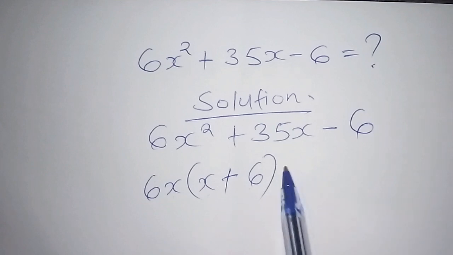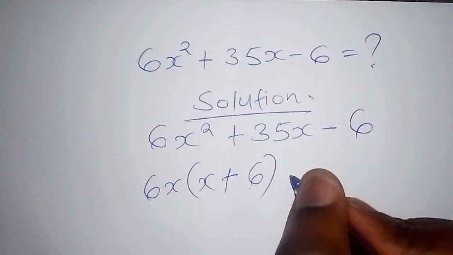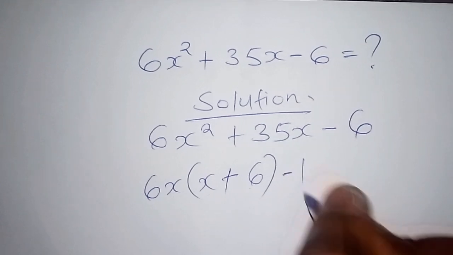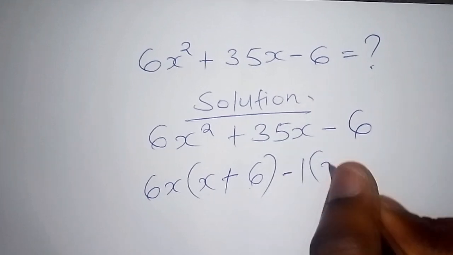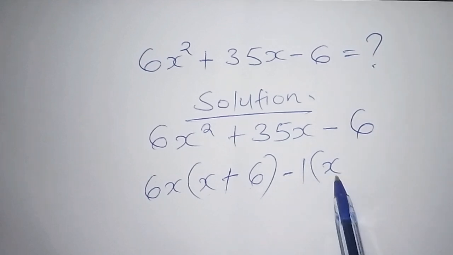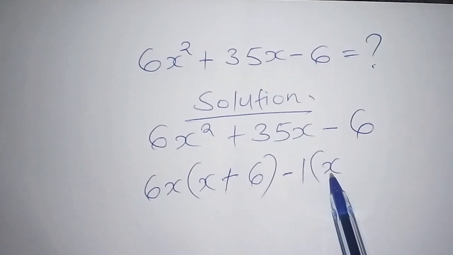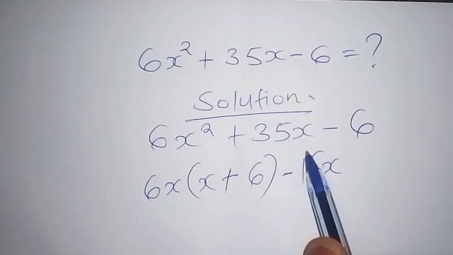So we need 1 so that we can less it. So this one shall be minus 1 into bracket x, because minus 1 multiplied by x will give us minus x. So 36x minus x will give us 35x.